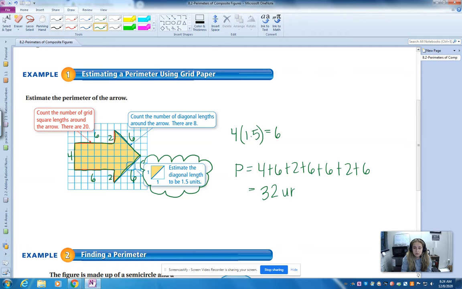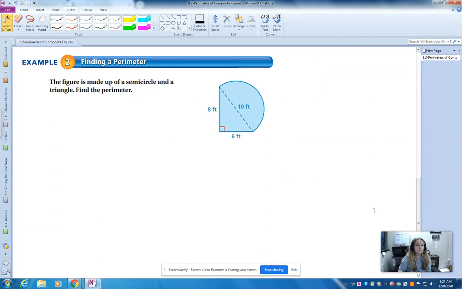I'll just label it units. So my perimeter for the shape is 32 units. The most important thing that you need to remember for your big ideas assignment is that diagonal length is 1.5, not 1, it's 1.5.